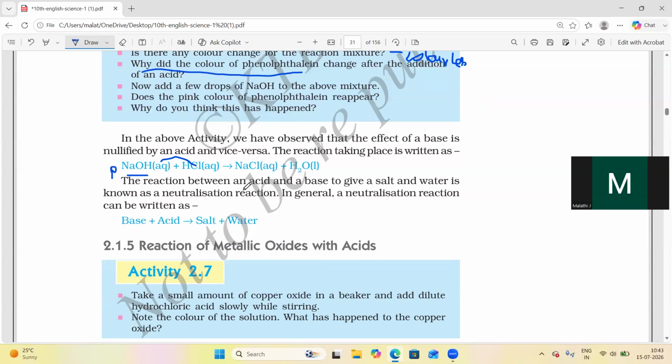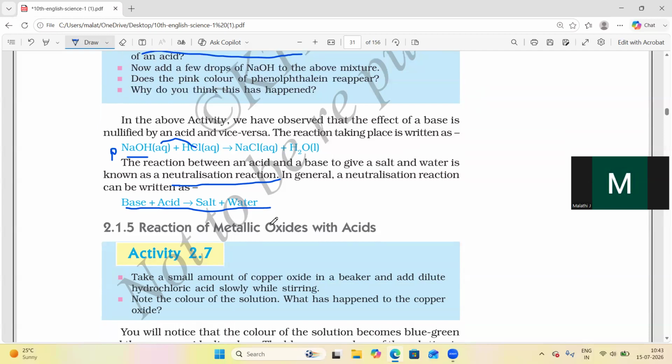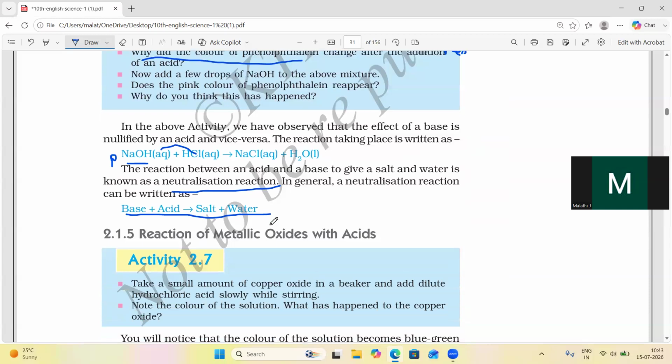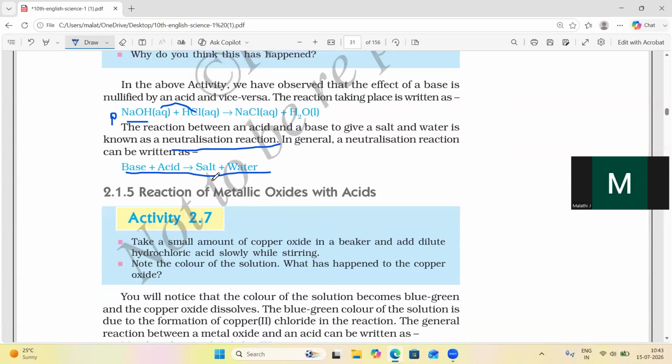This reaction between acid and base, giving salt and water, is known as a neutralization reaction. It can be represented as base plus acid gives salt plus water.